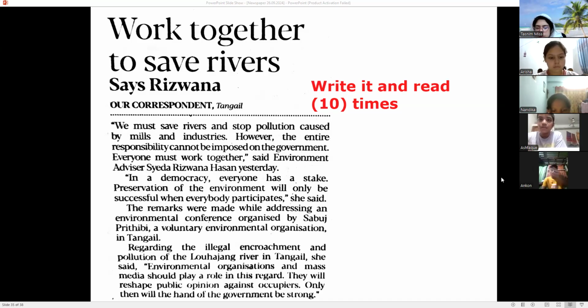The remarks were made while addressing an environmental conference organized by Shobuj Prithibi, a voluntary environmental organization in Tangail. Regarding the illegal encroachment and pollution of the Lohajang River in Tangail, she said environmental organizations and mass media should play a role in this regard. They will reshape the public opinion against the occupiers. Only then will the hand of the government be strong. Thank you.